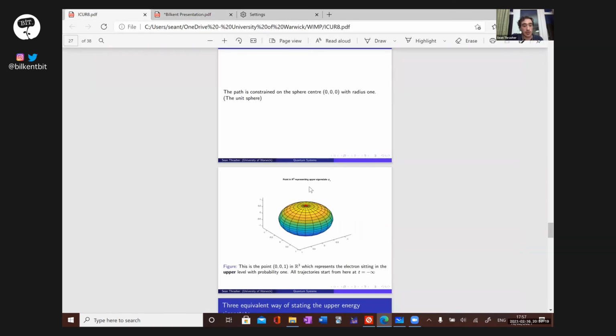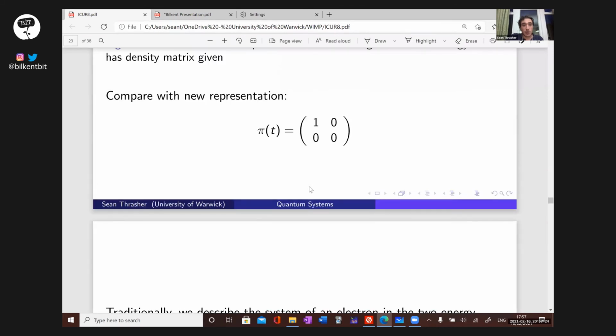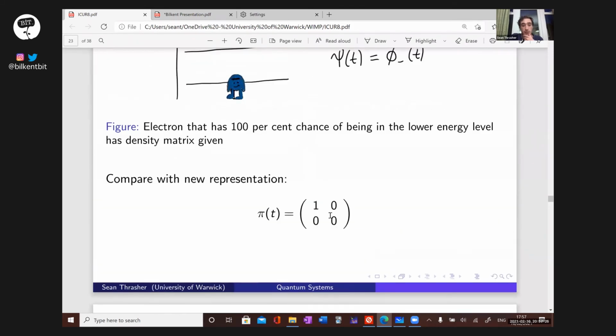Let me try to visually describe this. Instead of a wave function, you can describe the state of a system by a matrix.